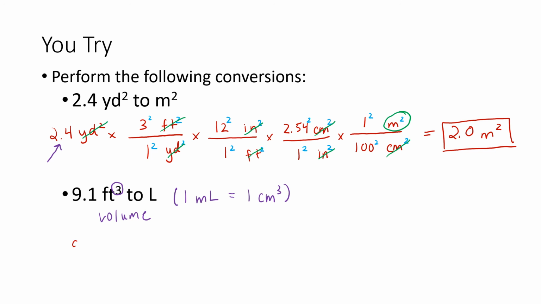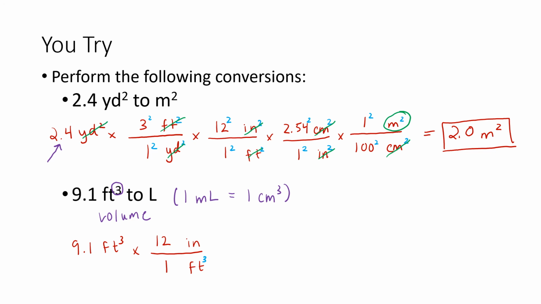So we're going to start with 9.1 feet cubed this time. And we can convert feet into inches. 1 foot is 12 inches, but we have to remember, now we're not squaring, we're cubing.